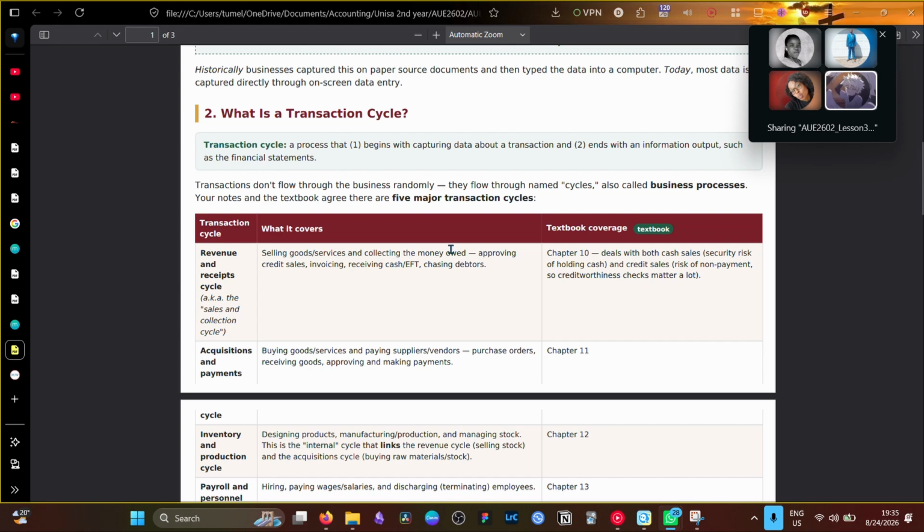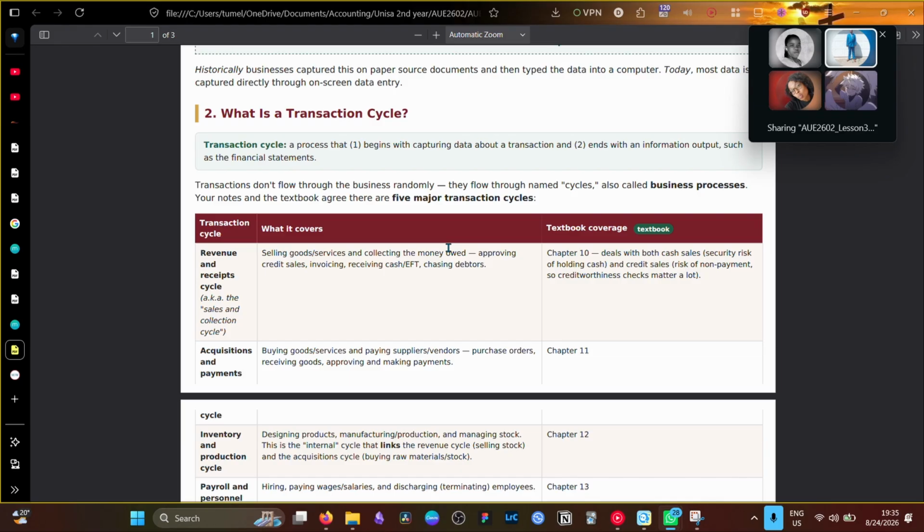I also saw that it touches on internal control and on the financial statements, especially the revenue and receipt cycle.